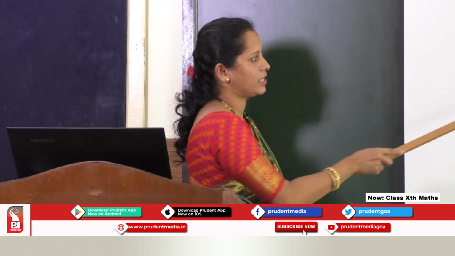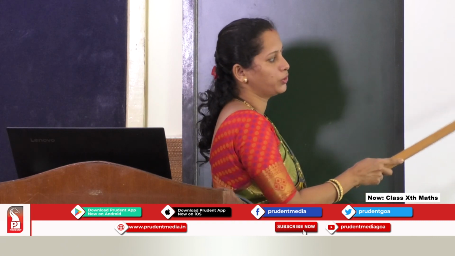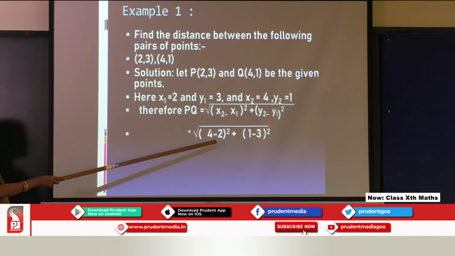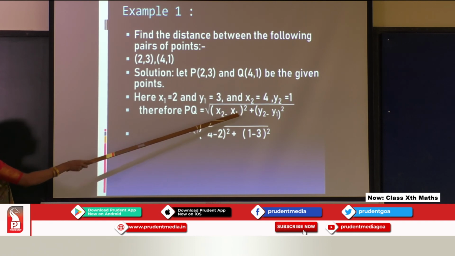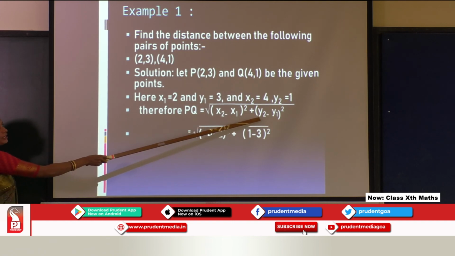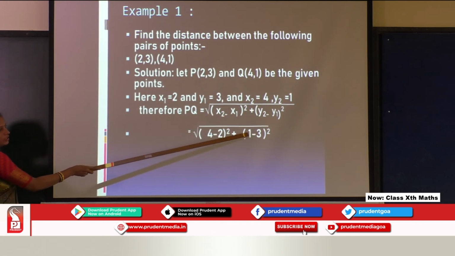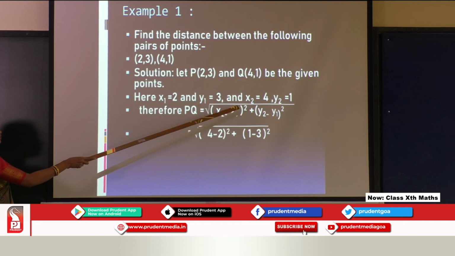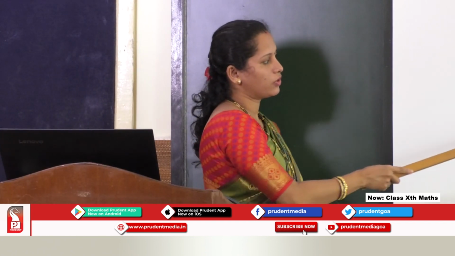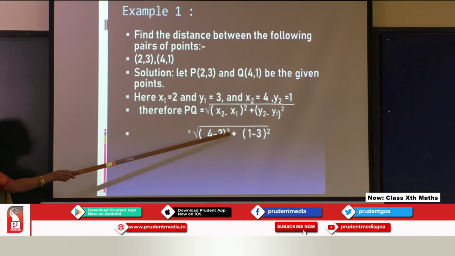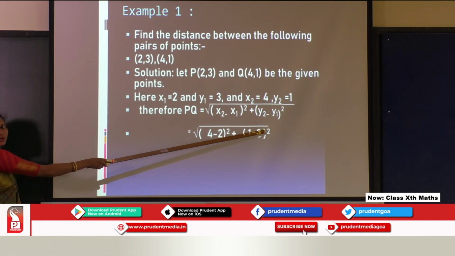So here x2 is equal to 4, x1 is equal to 2, y2 is equal to 1 and y1 is equal to 3. So (4 minus 2) the whole square plus (1 minus 3) the whole square.